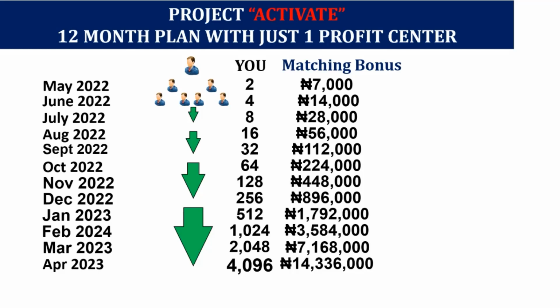Ladies and gentlemen, by May next year, your team size has grown from just you up there to 8,190 people in your team. That is your team size, if you decide to follow this plan with the project Activate.